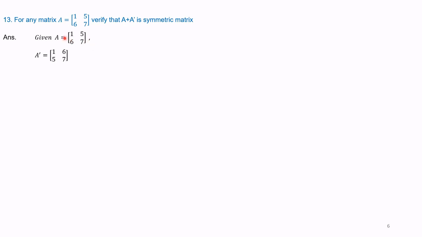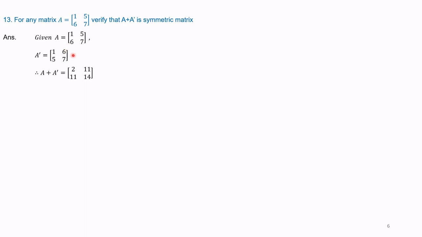Hence, A dash is found by transposing, by changing rows into columns. Therefore, row 1, 5 becomes column 1, 5 of A dash. Similarly, the second row, 6, 7 becomes the second column, 6 and 7.